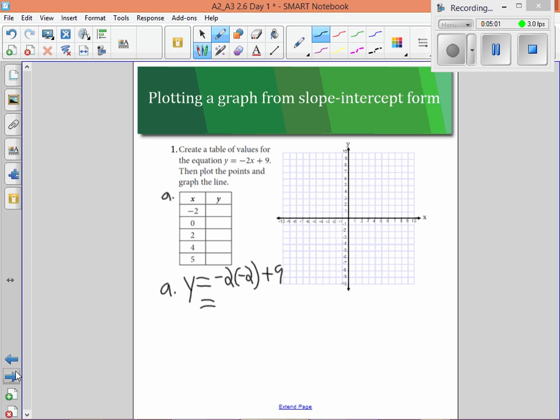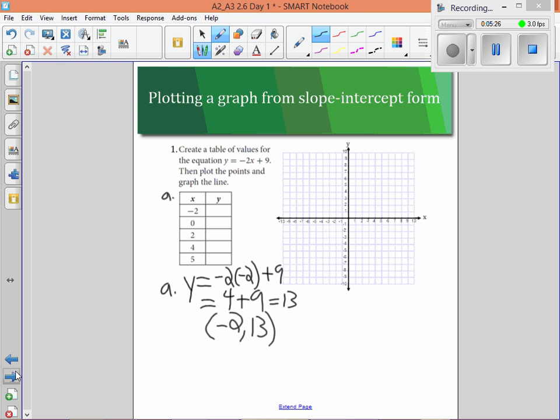In this case, negative 2 times negative 2 is 4, plus 9 is 13. So what's the coordinate point that I'm generating here? I'm already given the x value here, that it's negative 2. When I'm solving for y, that's its respective y value. So it's important to consider this as a coordinate point, in that I've plugged in for x, I'm generating a y, and I'm getting the coordinate point negative 2, 13.